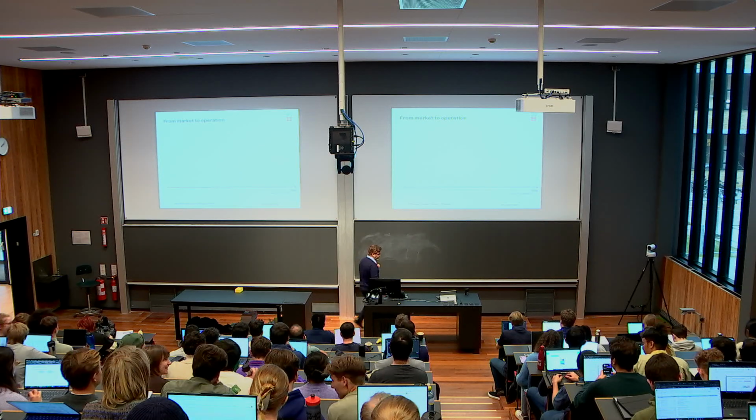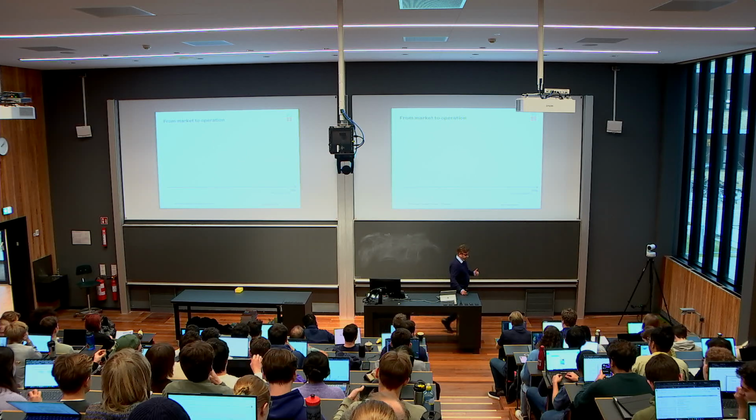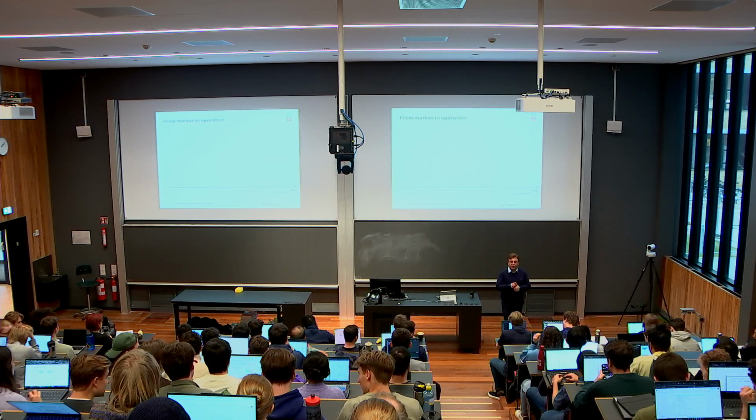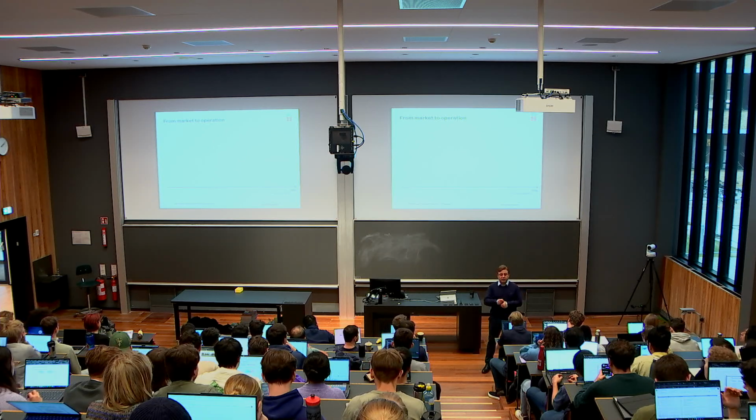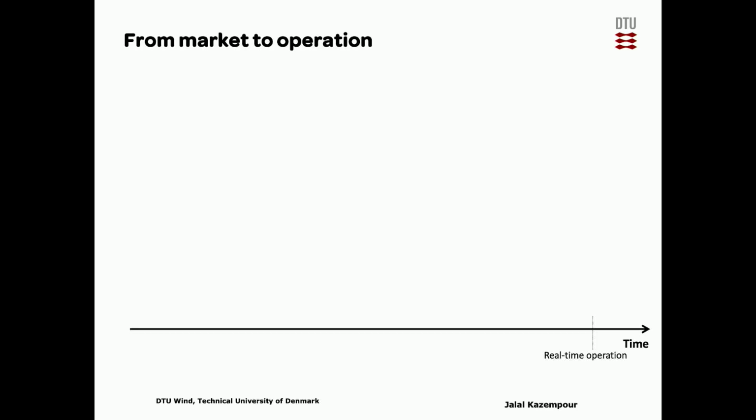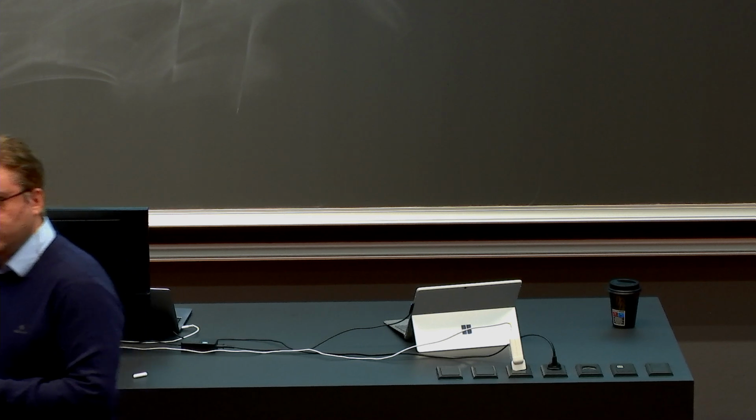So we talked about different markets. The capacity market for availability, and we said we are not going to talk about that. Then for energy markets, we talked about futures markets. Again, this course will not cover it.